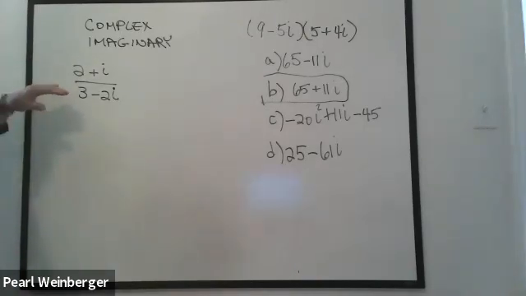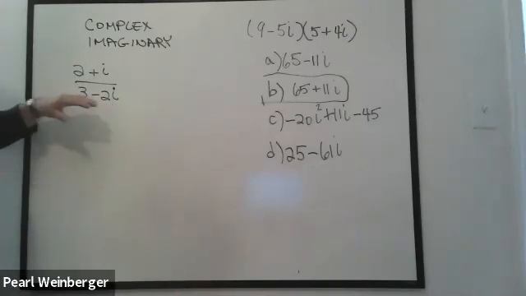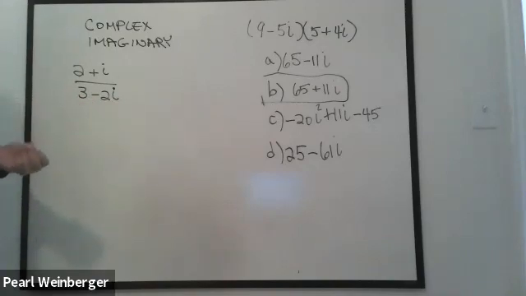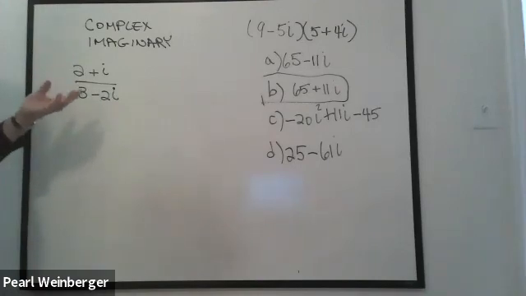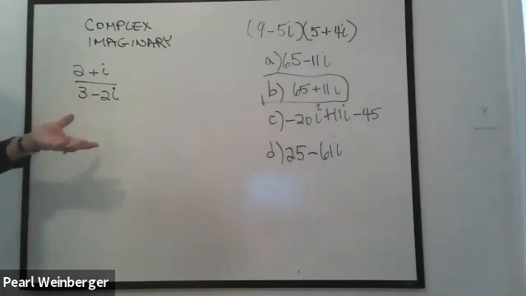Well, if you remember what we did when we had a binomial with a radical in the denominator, what we wanted to do is multiply it by its conjugate. Because when we multiply conjugates with radicals, the radicals disappear and I have just a plain, regular, real, rational number.